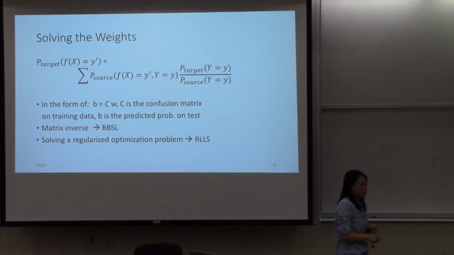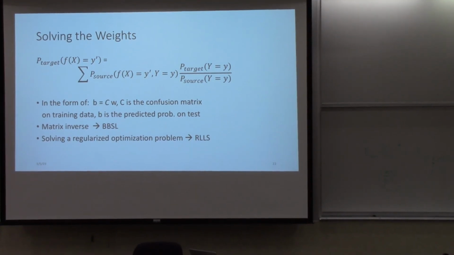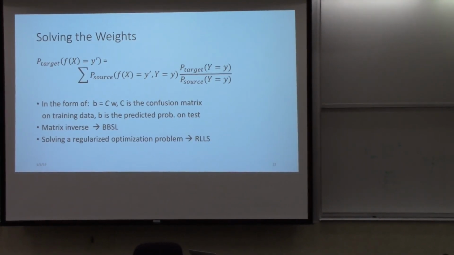And do you see why the left-hand side you can evaluate? What does it depend on? It only depends on x, right? The y prime is fixed. So it only depends on the distribution of x.